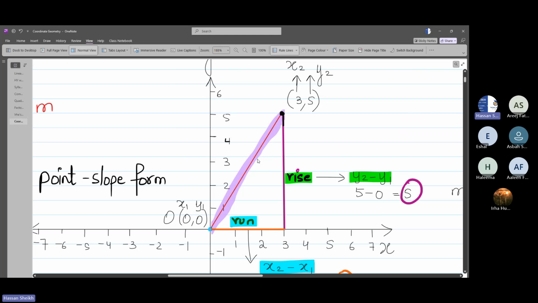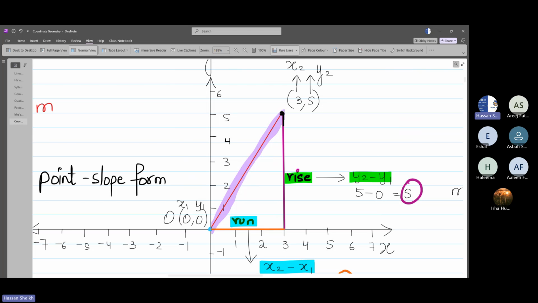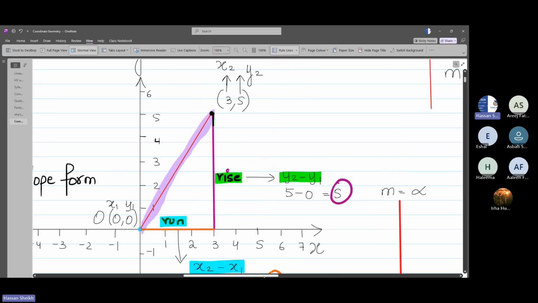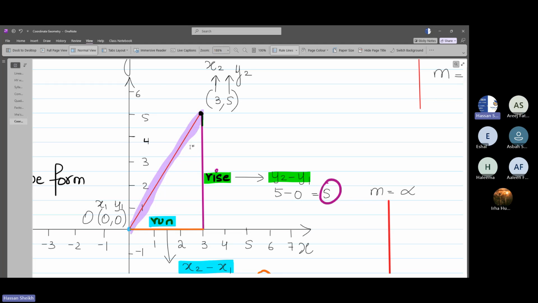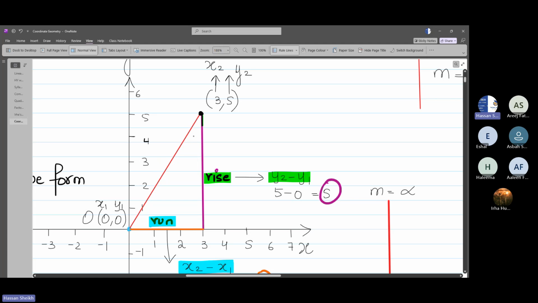Now, do you agree that the rise of this line is 5 minus 0? Because it started off from the origin and it reached 5 vertically. Obviously, the rise is 5 for this red line.